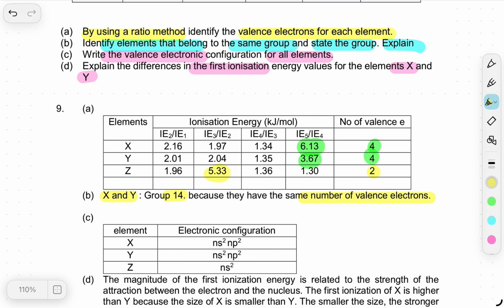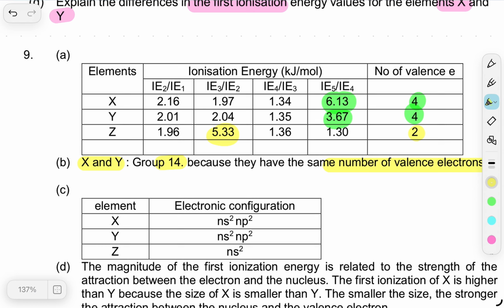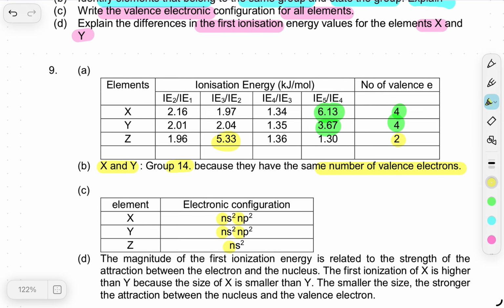Writing the electronic configuration for all these elements: I've taught you this method in class, whereby when the period is not given, instead of writing a principal quantum number value, we include the symbol n. So that would be the valence electronic configuration for X, Y, and Z.